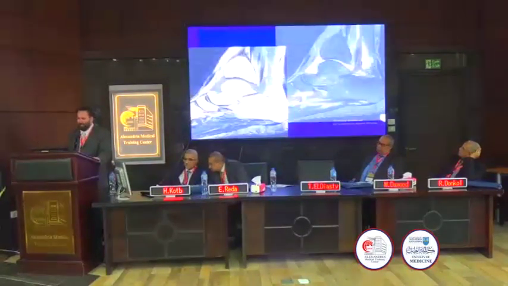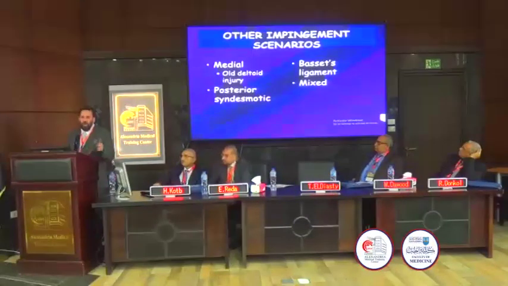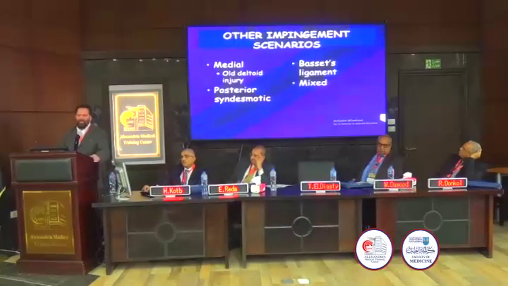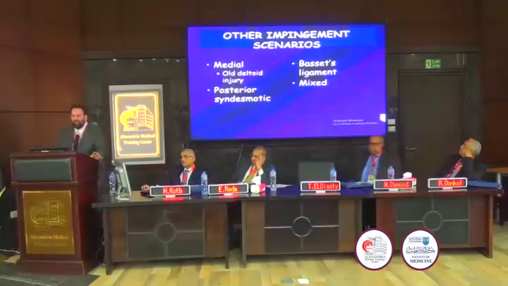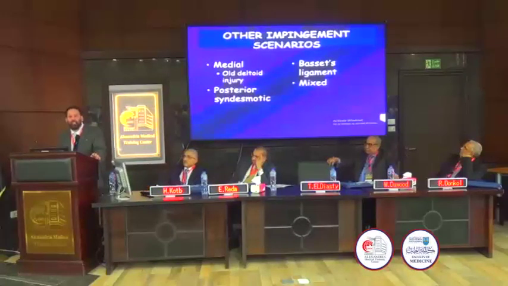Then the last thing I'm going to cover is other impingements. Just for the sake of completeness, so you're aware of them, just like there's anterior lateral impingement from anterior talofibular ligament injuries, there's anterior medial impingement from deltoid ligament injuries.